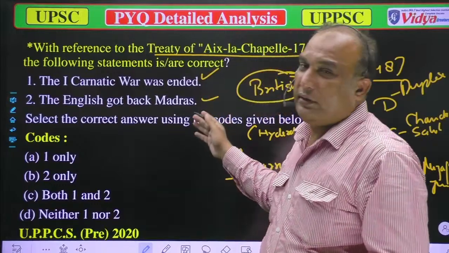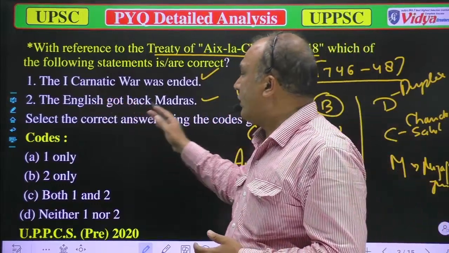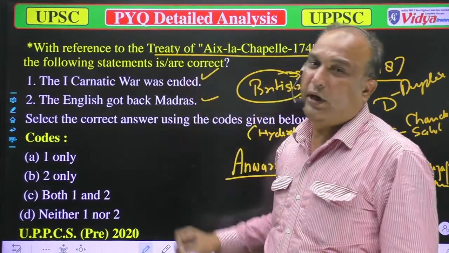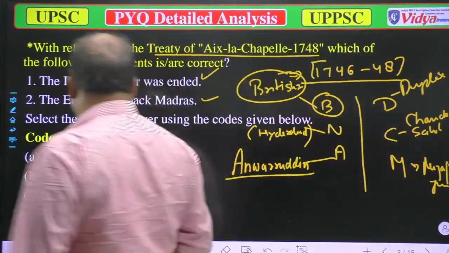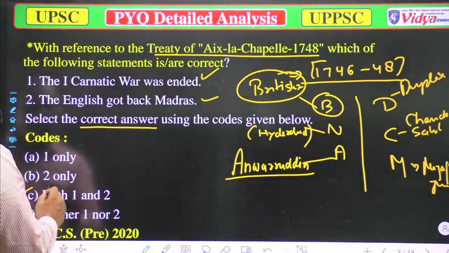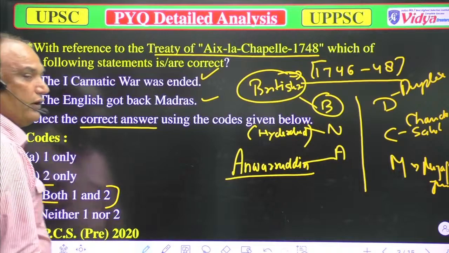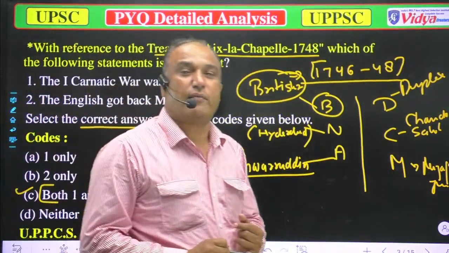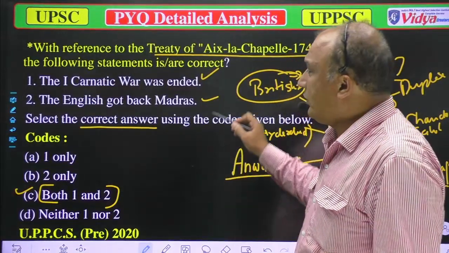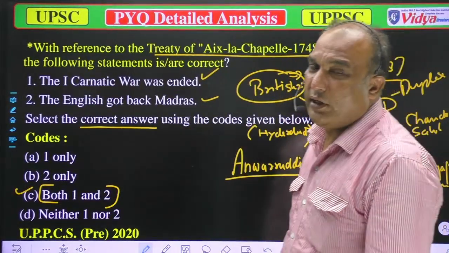So after that time the English got back Madras; this is also right. So 1 and 2 are right. Select the correct answer. So C is the right answer, where both 1 and 2 are right, because these two statements are correct.